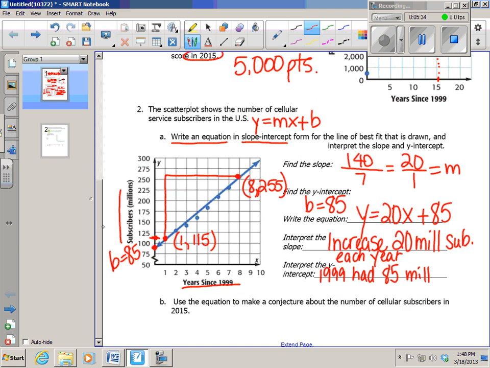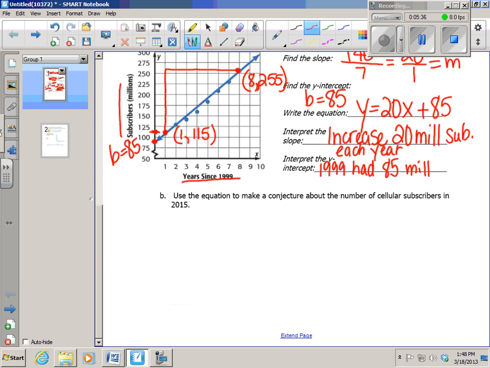And so the last part of this question, part B, says use the equation to make a conjecture about the number of cellular subscribers in 2015. So we're talking off the graph here in about 15 years. So y equals our equation 20x plus 85. We can do this two different ways. Well, we're trying to find the number of subscribers.